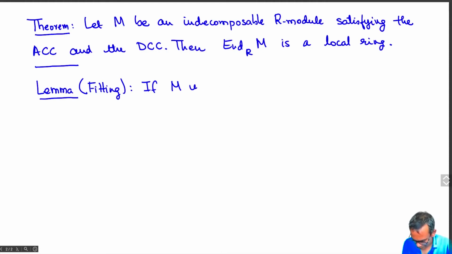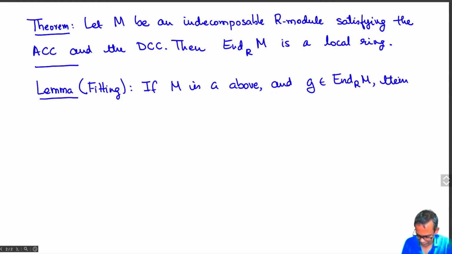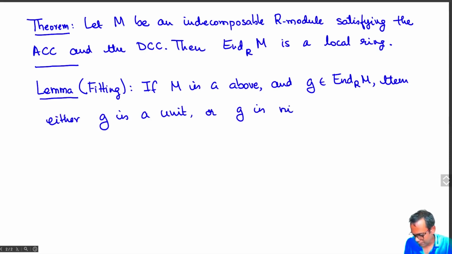Well, let's just keep it M is as above, and g belongs to End_R(M), then either g is a unit or g is nilpotent.